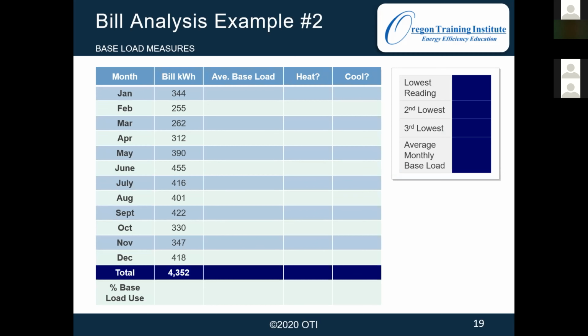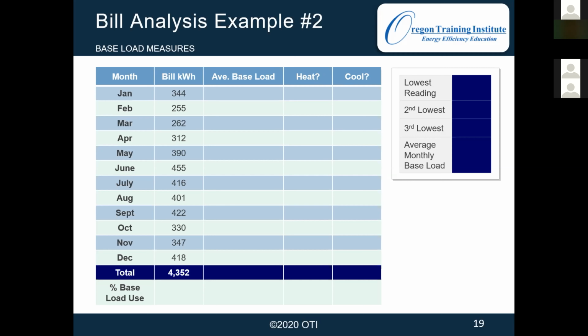Let's do another example here. We got all their utility bills. We plot that on there month by month and we get our total, and right away we can see that their total usage is quite a bit less than the last house. It was like 19,000. This one's only 4,000.